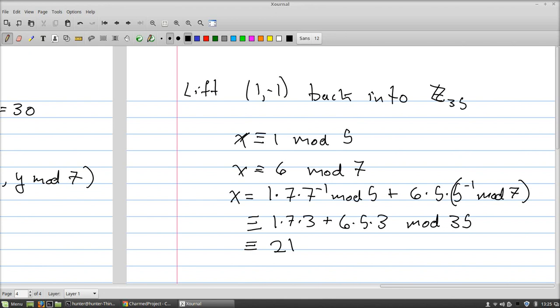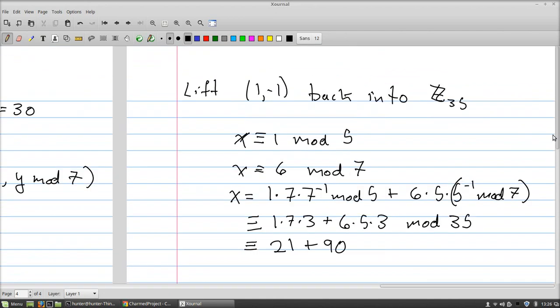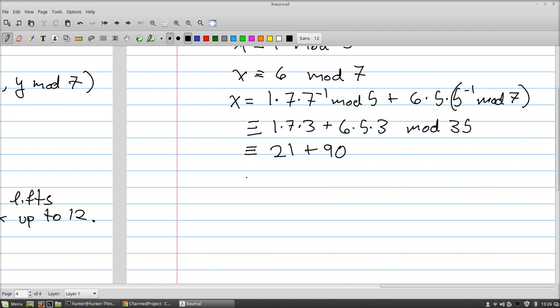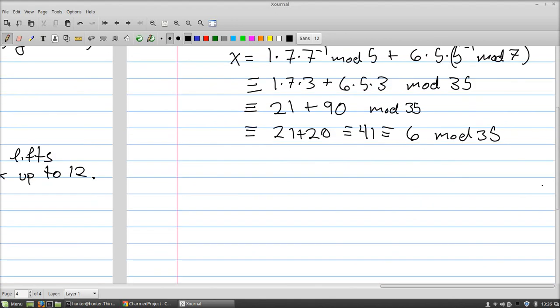This is 21 plus 90. Oh, interesting. So it's just 6 mod 35. We've already actually done this, and this is the same thing as 21 plus 20, which is 41, which is 6 mod 35. So what we've discovered is that 6 to the 17th power mod 35 is 6.